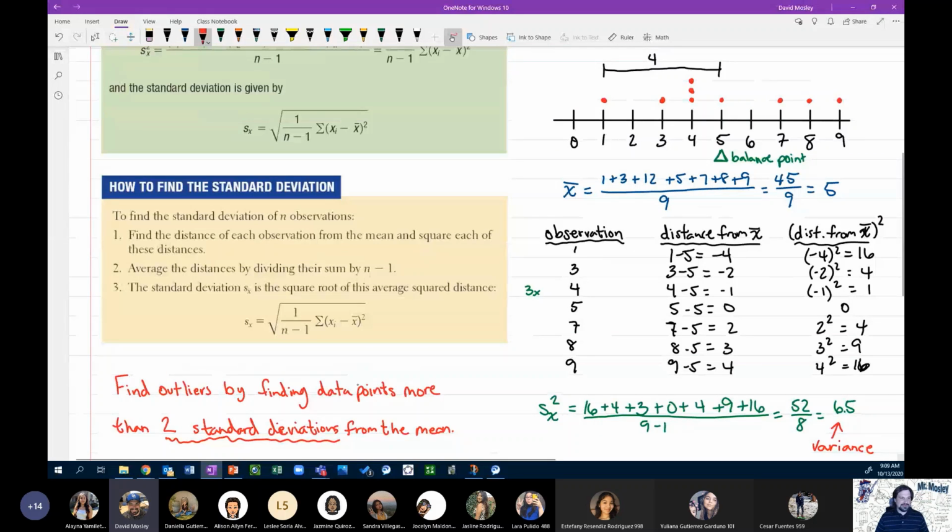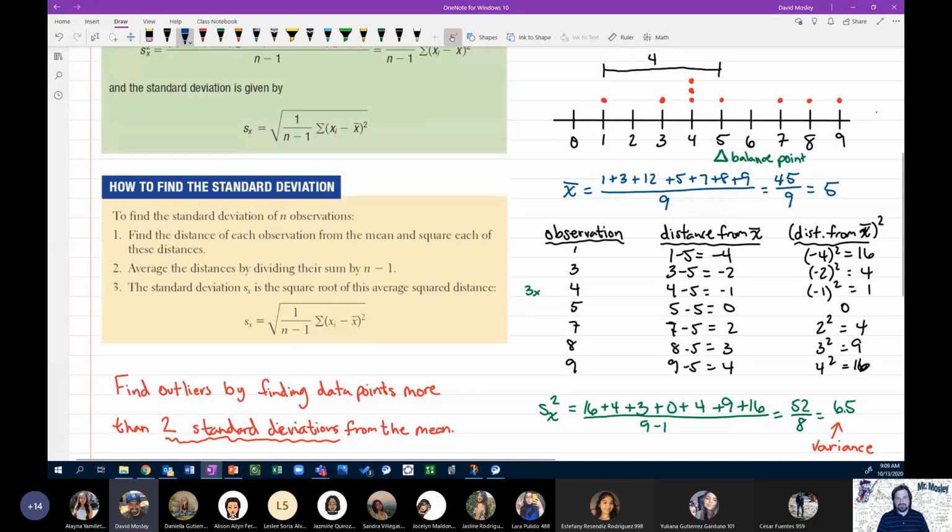So if we consider this idea, 2 standard deviations away from the mean with our example here, the mean was at 5. If I add, let's just go with 2.5, so I add 2.5 and 2.5, that's 5, to 5.